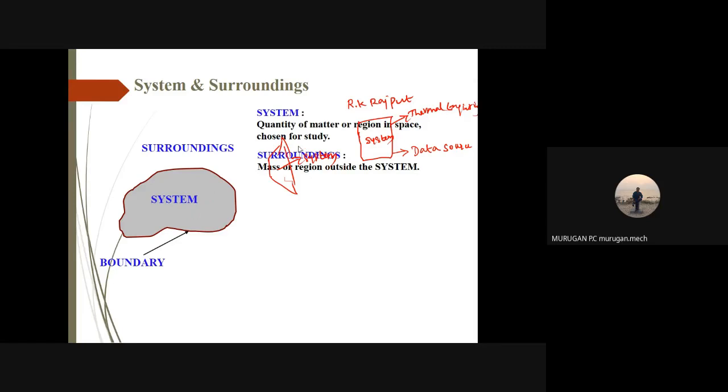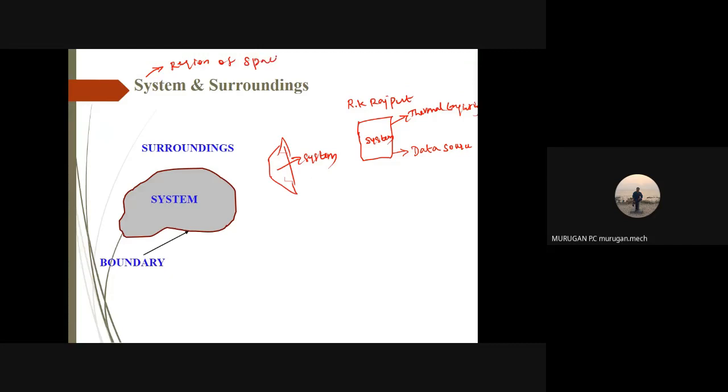So what do you mean by the system? A system is something or a region in space that is chosen for study. System: a region of space or matter chosen for study.